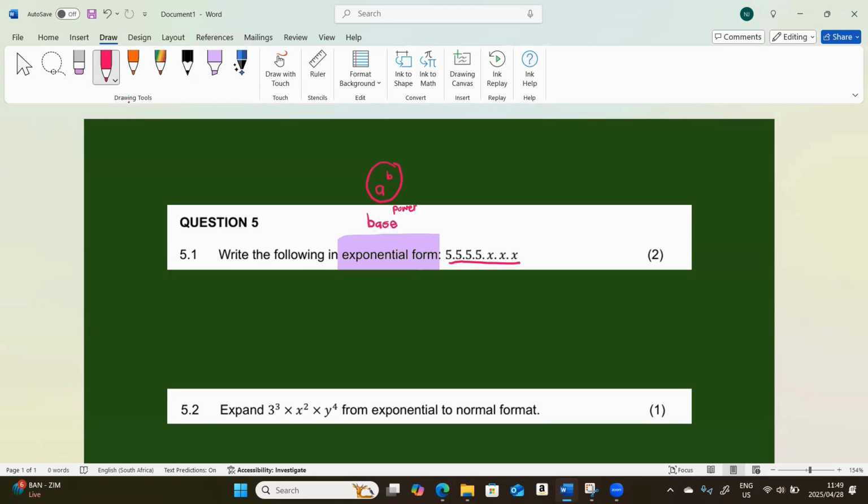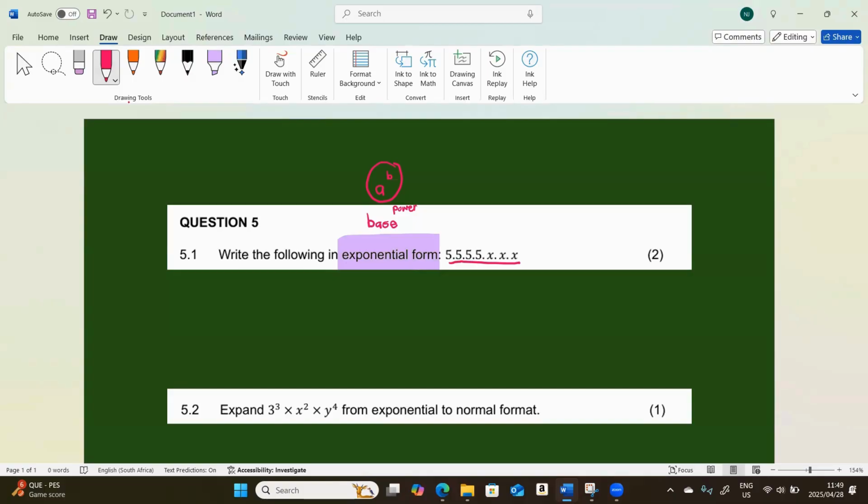We want to rather write this as only one base and a power. In this case, we have two bases: 5, because 5 is being multiplied by itself, and x, which is also being multiplied by itself.